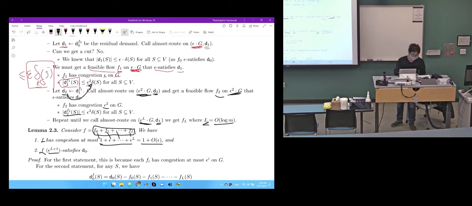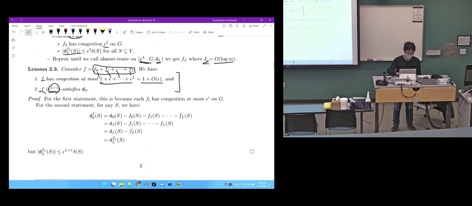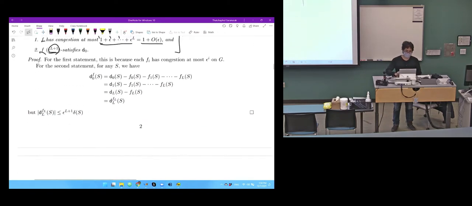When log n is big enough, you can think of this as 1 over any big polynomial. Does this make sense? There is an algebraic proof, but I will not go into it.